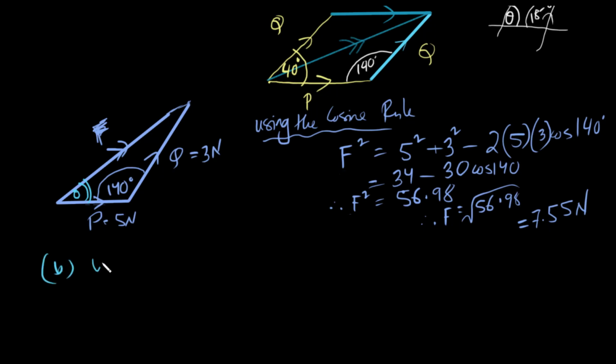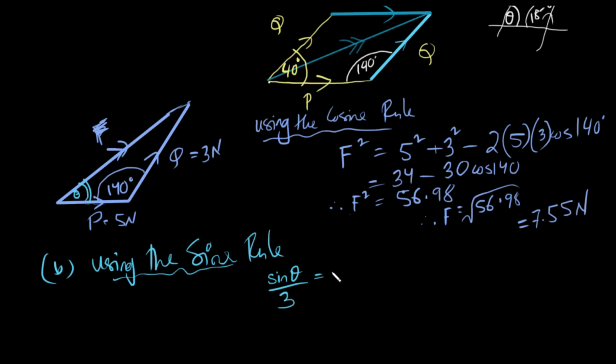Using the sine rule for this non-right angle triangle, sine theta divided by the opposite side, 3 Newton, equals sine 140 degrees divided by the opposite side, the resultant force 7.55.